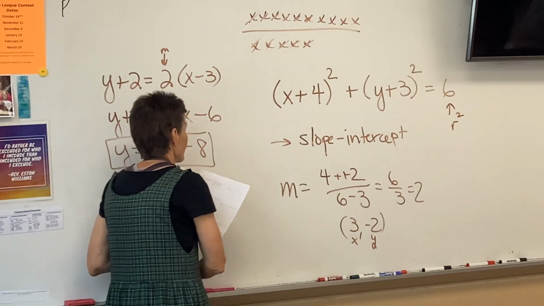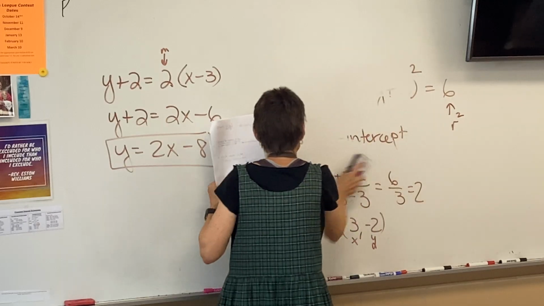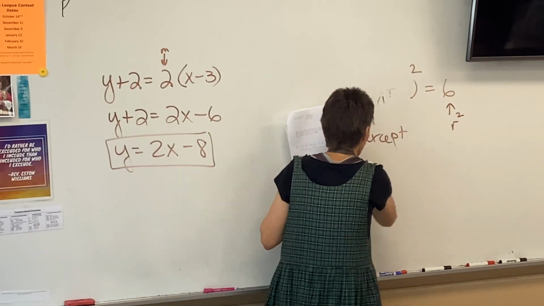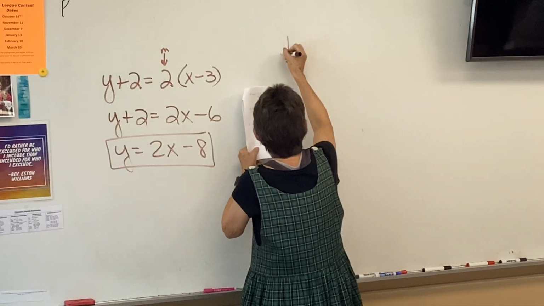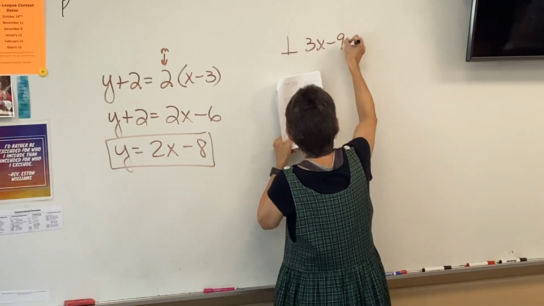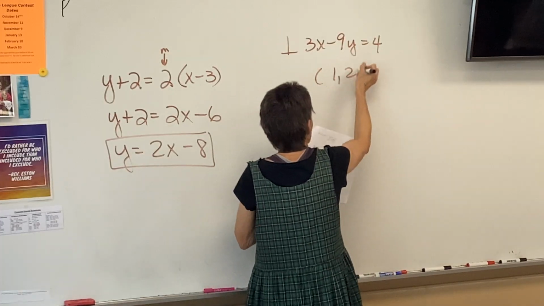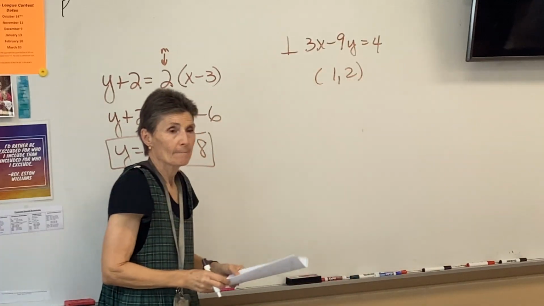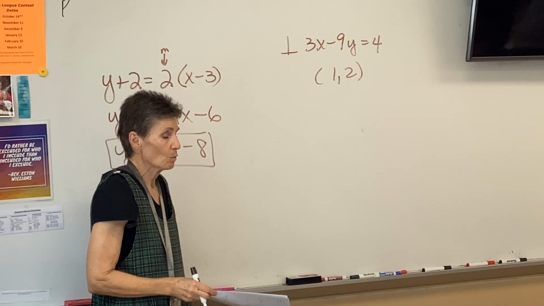All right. Now we're going to do one more. A line. This time, we have to be perpendicular to this and contain this. All right, so what do I do here?